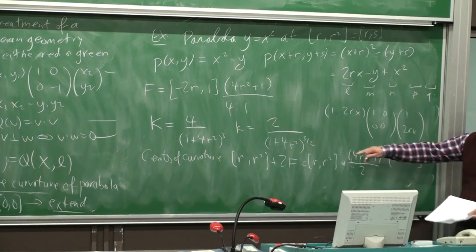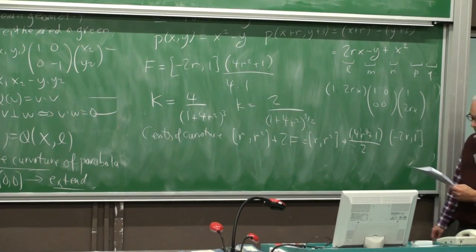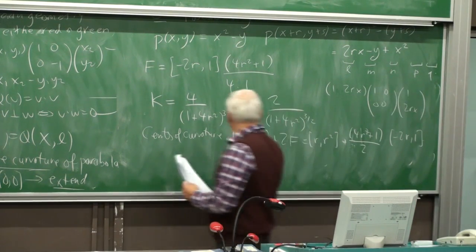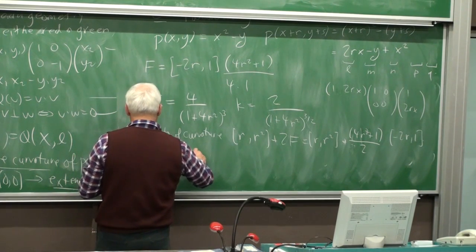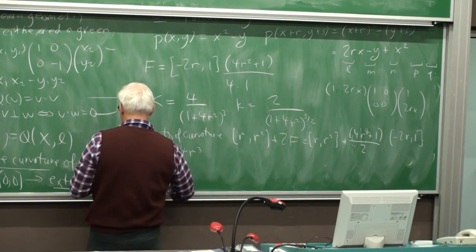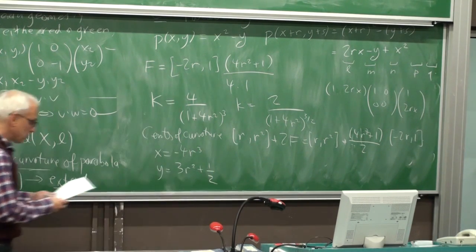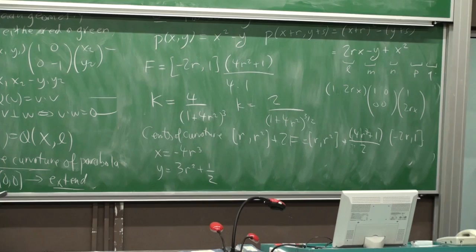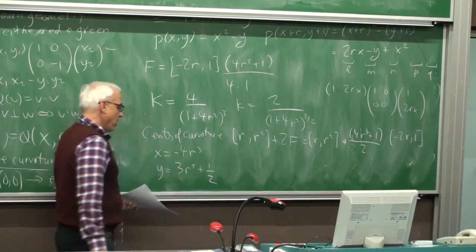We're adding twice the focus. And when we do that, we get x equals minus 4r cubed and y equals 3r squared plus 1/2. And this defines the evolute in terms of parameter r.